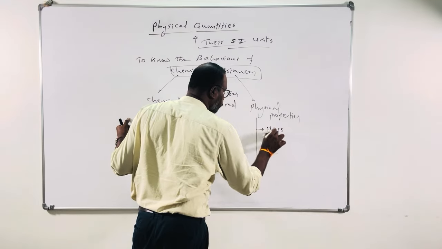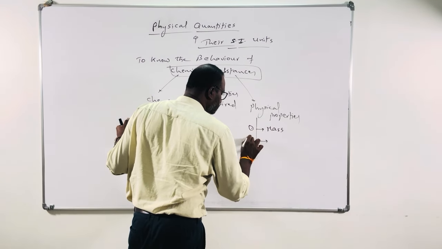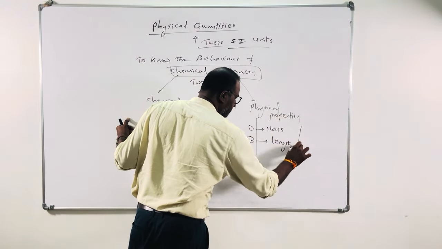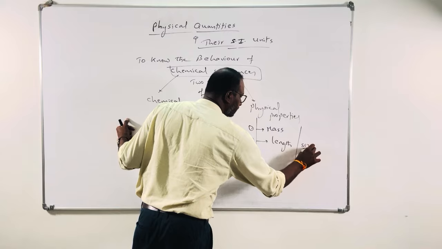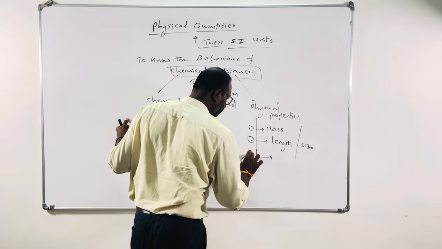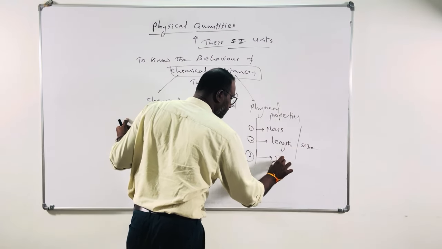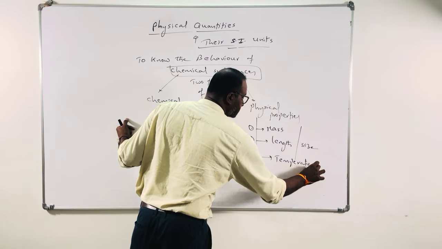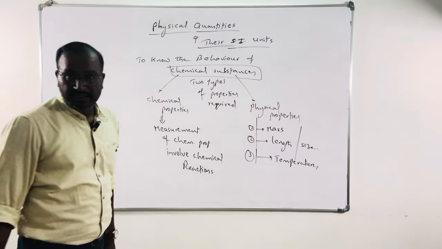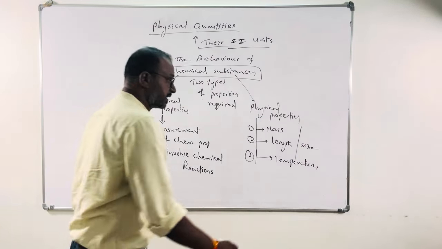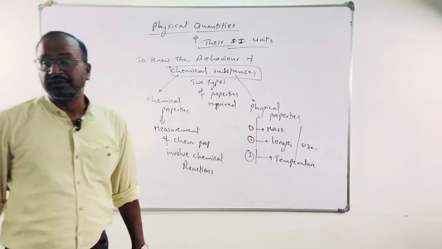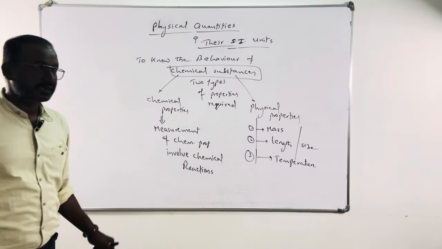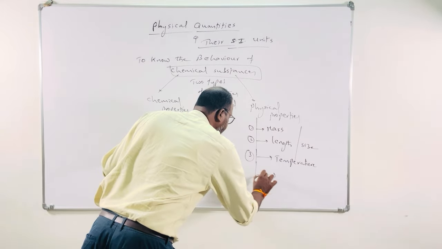Number one, mass. Number two, length, we can also call it size. Number three, temperature. The physical properties of a substance are mass, length, temperature, time.